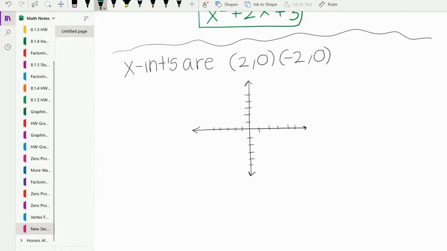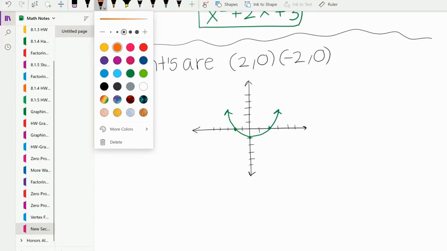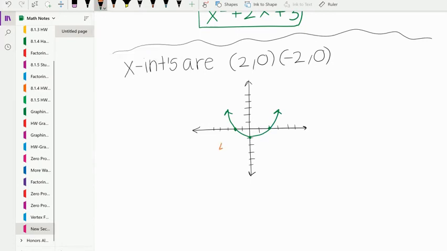Okay, so we could have our x-intercepts at 2, 0 and -2, 0. But because we don't know our a value, we really don't know the steepness of the parabola. So our parabola could be something like this. It could also be something like this, where it's upside down.